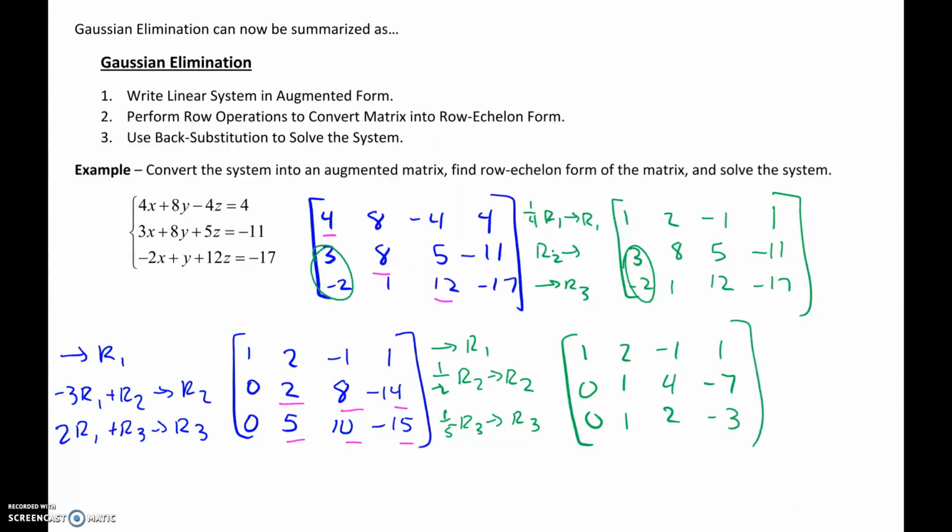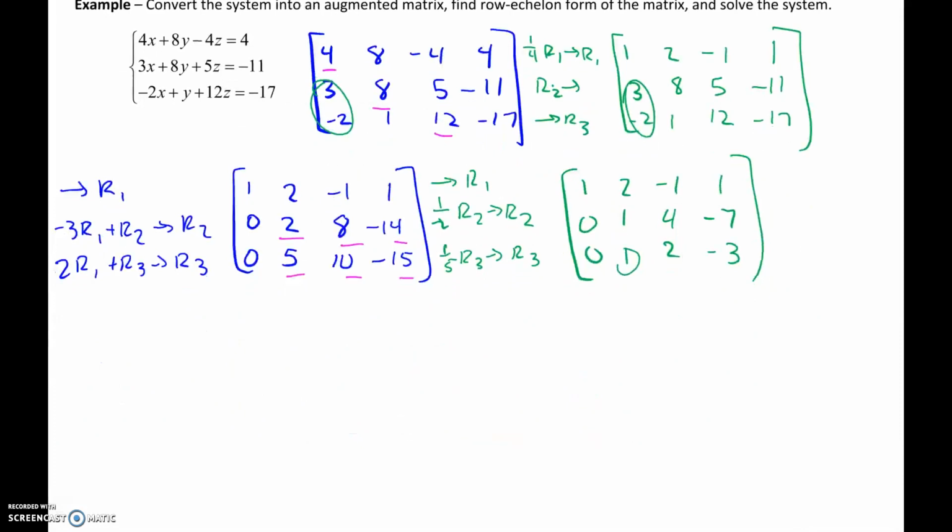Okay, so now row 1 and row 2 are good, and we just need to turn this into a 0 right here. So keep row 1, keep row 2, and then I'll do row 2 minus row 3 to give me my new row 3.